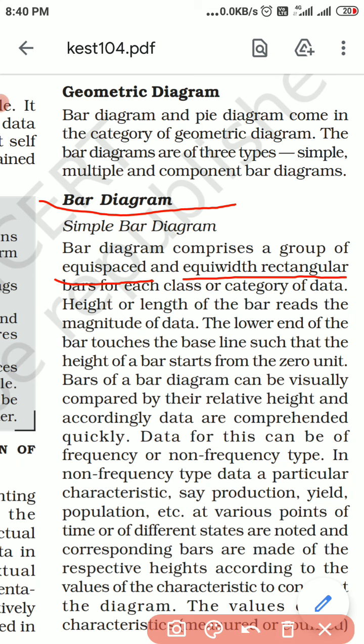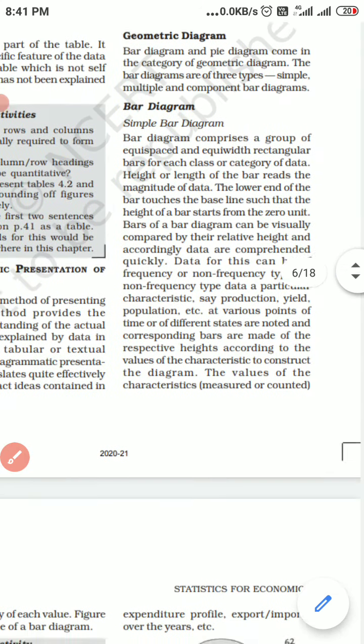So you have to keep in mind the width of the bar should be equal and the space between the bars should also be equal. If we are drawing a rectangle type shape for some data, that should be equal in width and equal in space. So you can see in the example also.